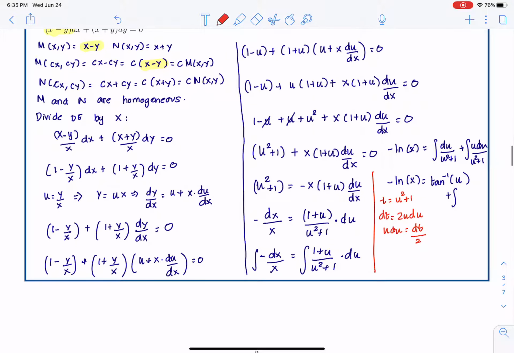So the integral would reduce to dt over 2t. So we have negative ln of x equals tangent inverse of u plus 1 over 2 ln of t.